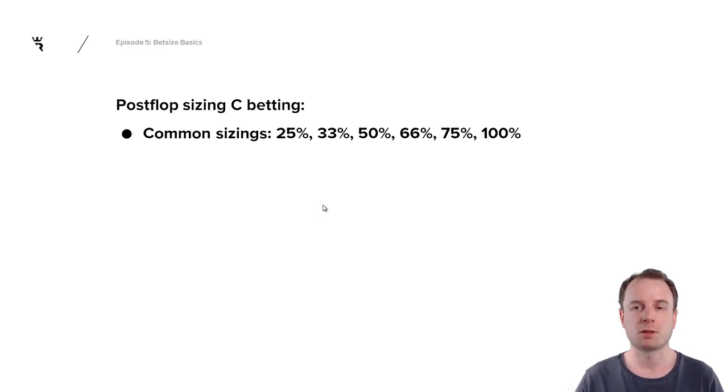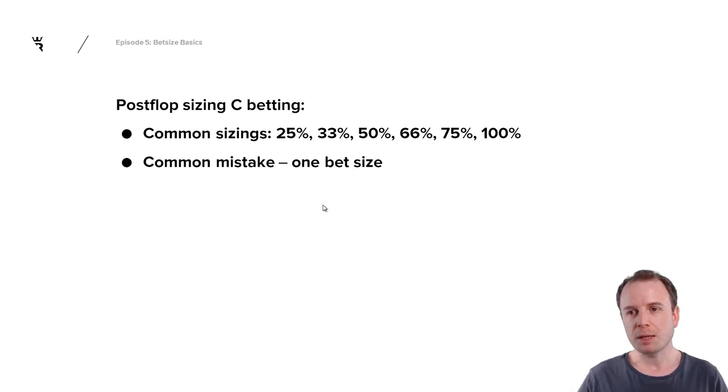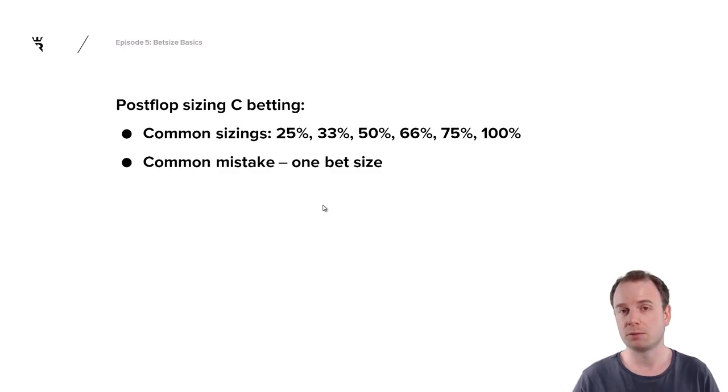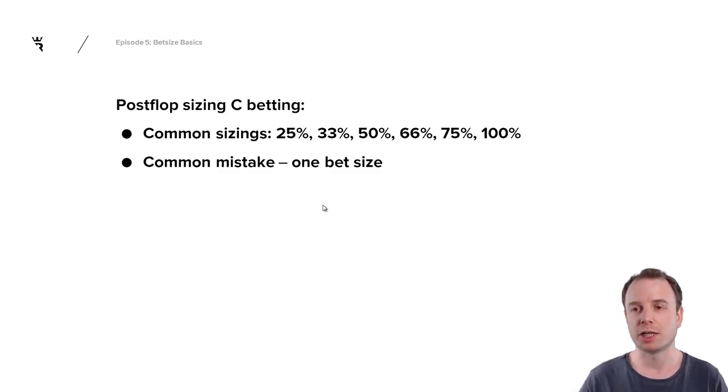So that's a quarter, a third, a half, 2/3, 3/4, or 100% pot. All of these have different reasons for being used, but the biggest mistake that new players and recreational players and just some other players as well have in general is just using one bet size.